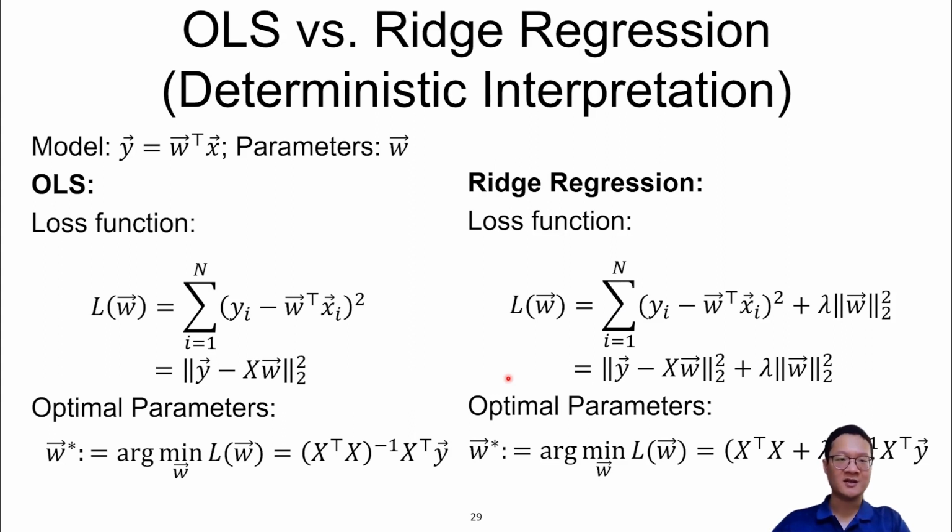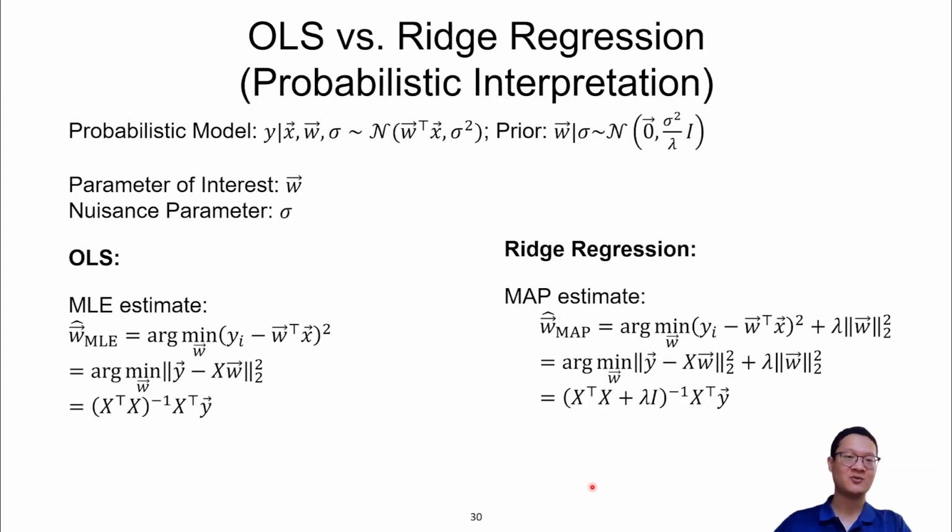So in ordinary least squares and ridge regression, we have very similar loss functions, and we have the optimal parameters determined analytically as we discussed. And it turned out that this is just the deterministic interpretation of the problem. We also had a probabilistic interpretation of ordinary least squares and ridge regression.